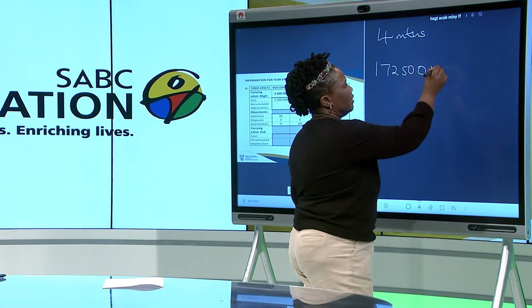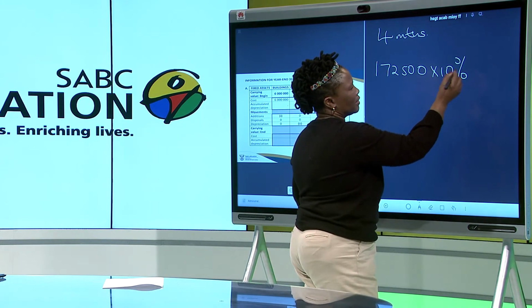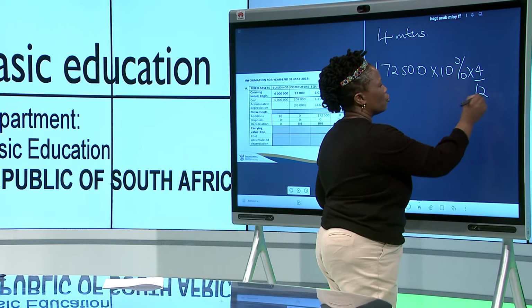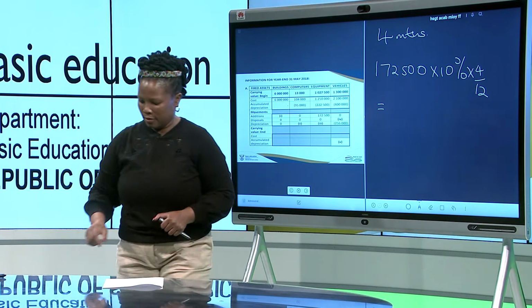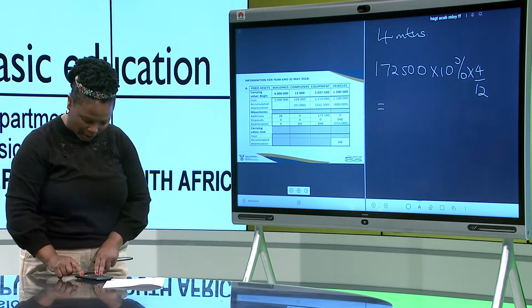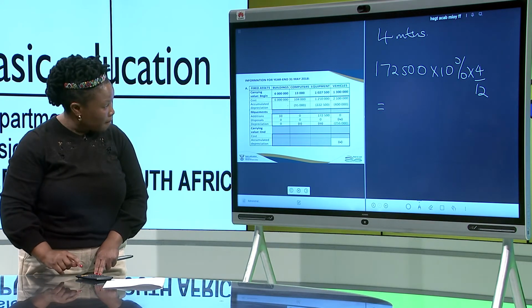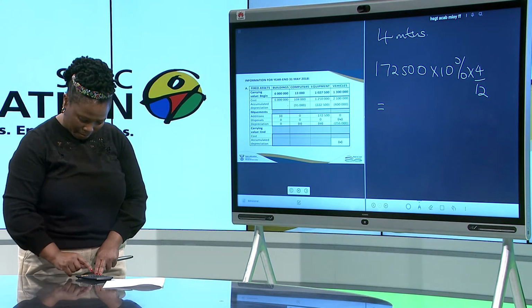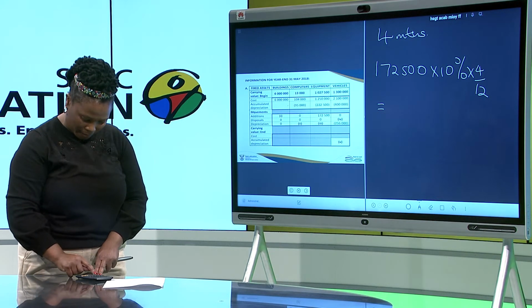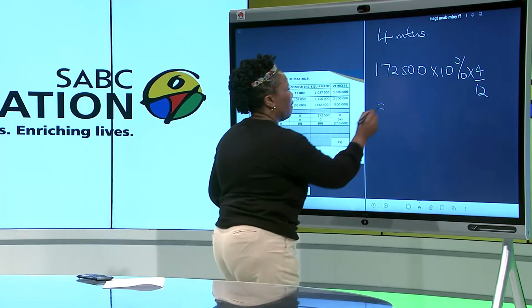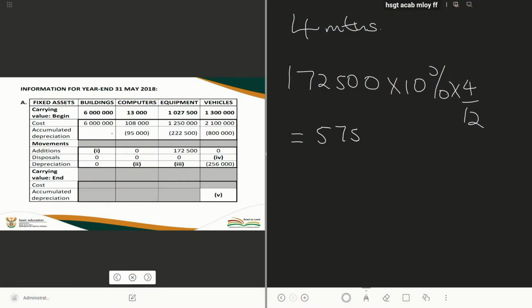Therefore, we are going to say times 10%, which is the same as 10 over 100, and then multiplied by 4 over 12. Let's punch the figures in our calculators. That is going to give us 5750. That is going to be our depreciation for the new asset.